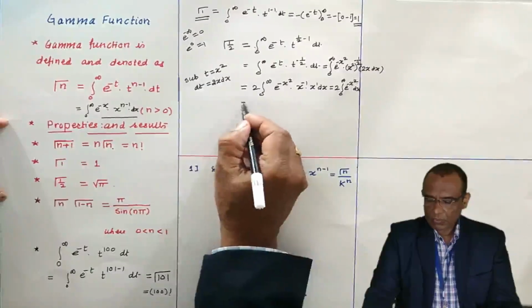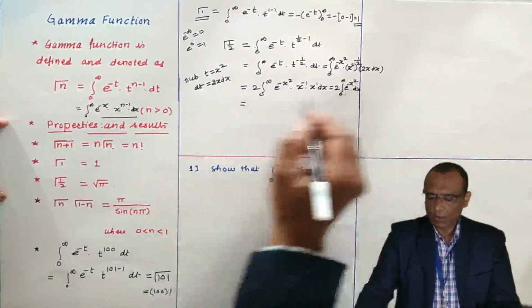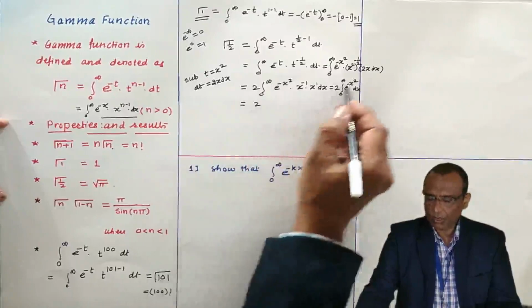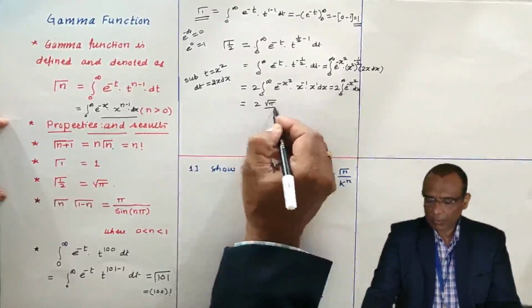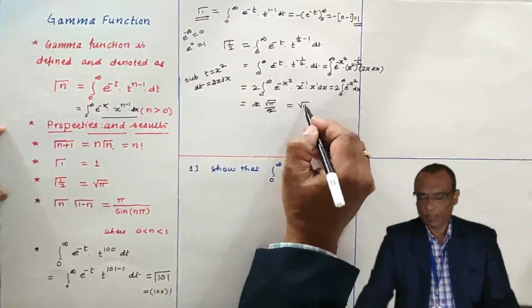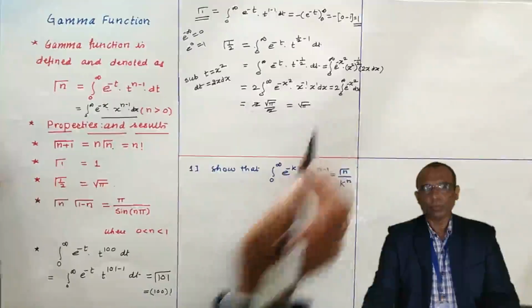Now, this is the integral from 0 to infinity of e power minus x square. This is the error function formula, and the value of this is root pi by 2. So gamma 1 by 2 is equal to root pi.